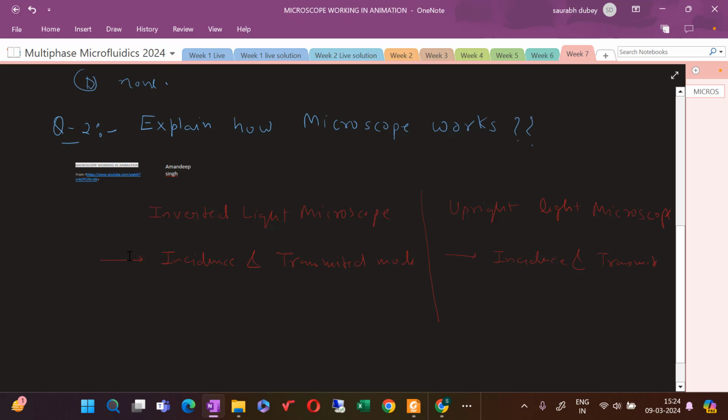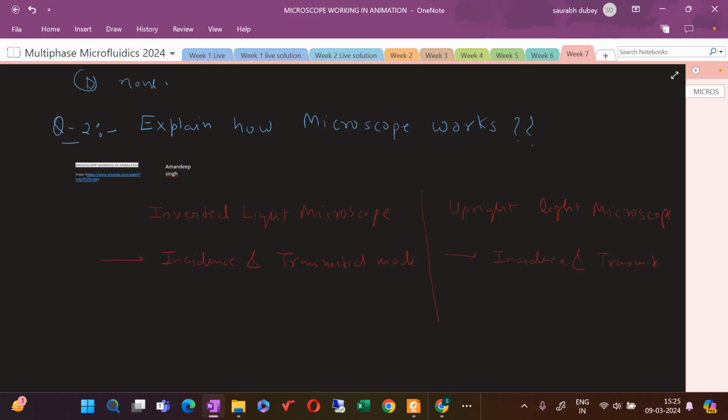Here, there is a relatively higher distance between the sample and the objective. And another thing is you place your sample on the glass slide, and then you are focusing it. While focusing, the light is very important.